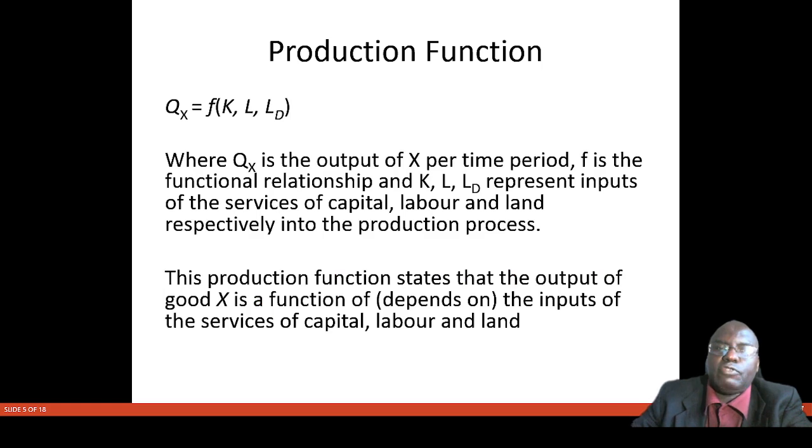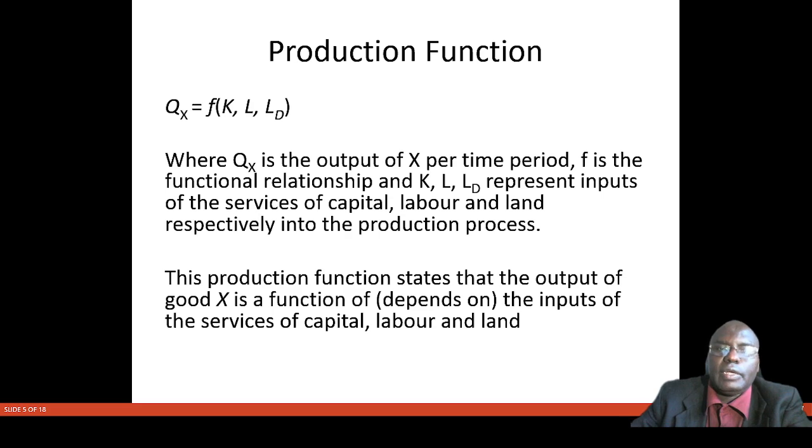is like an equation where we say that the production of a commodity X is dependent on capital, labor, and land, or is a function of capital, labor, and land.